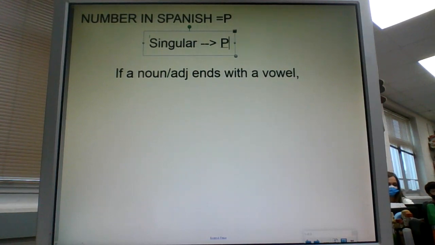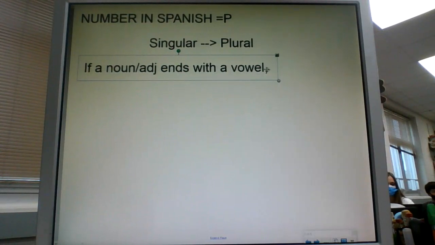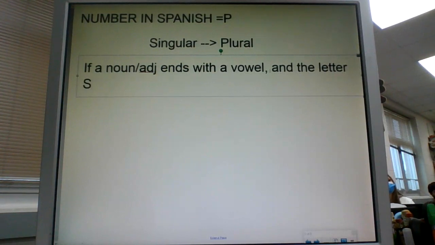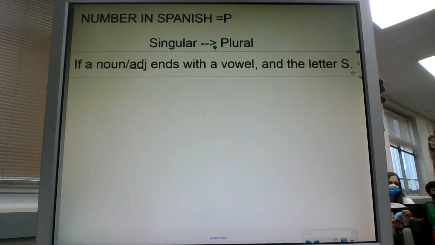Alright, plural. If a noun ends in a vowel, all you have to do is add one letter. Add the letter S.